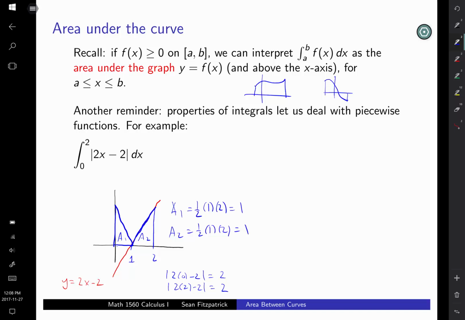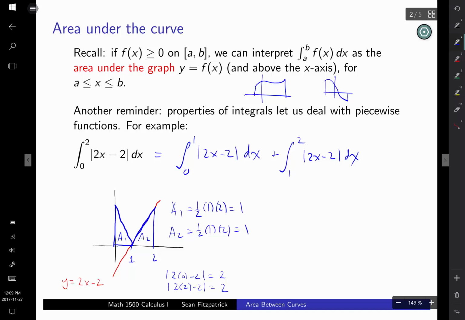How do you see that directly? One way to see this directly, if we didn't have the picture in front of us, or if the function was more complicated, is to use one of the properties of integrals: I can always split an integral up. I could go from 0 to 1, and then from 1 to 2.